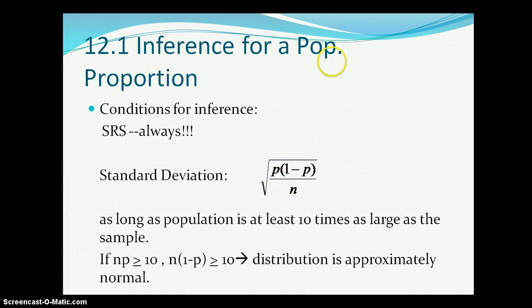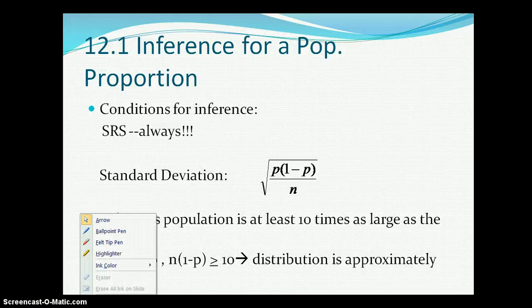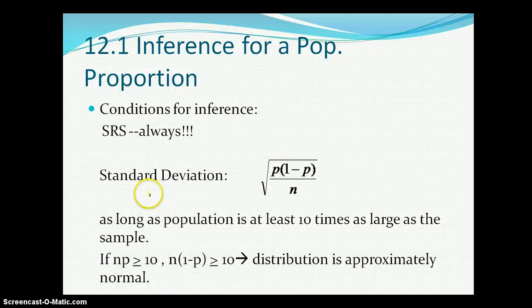We take our population proportion, p, times 1 minus p, divided by n, and we take the square root. That's our standard deviation, as long as our population is at least 10 times as large as the sample, which means that this part right here is our condition: the population being 10 times as large as the sample.